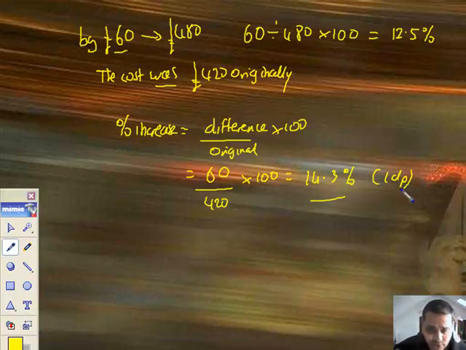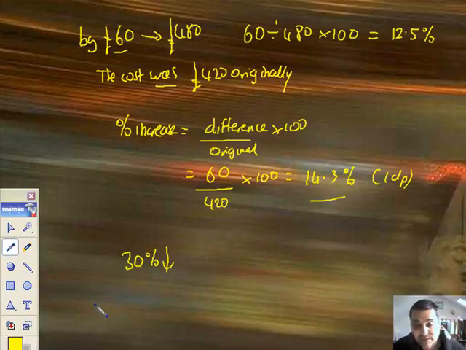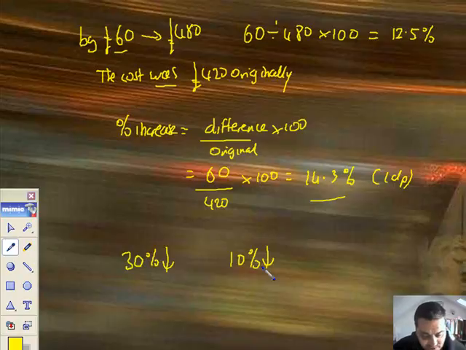Now question 7 is a good one. It says Sarah gets a 30% reduction in her car insurance because she's not made a previous claim. She gets a further 10% reduction on this reduced price by agreeing to pay the first £100 of any subsequent claim.